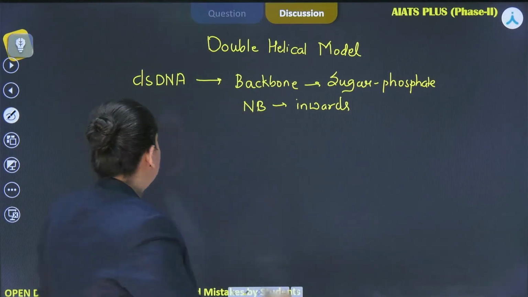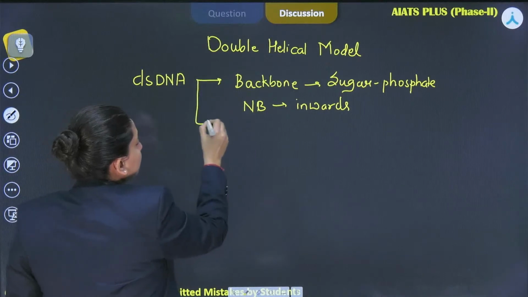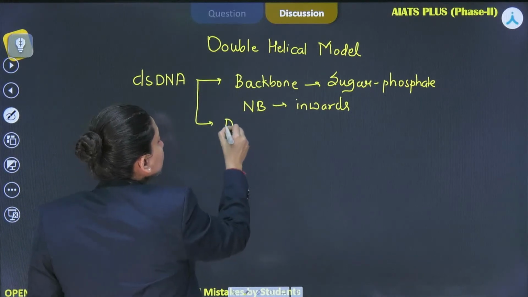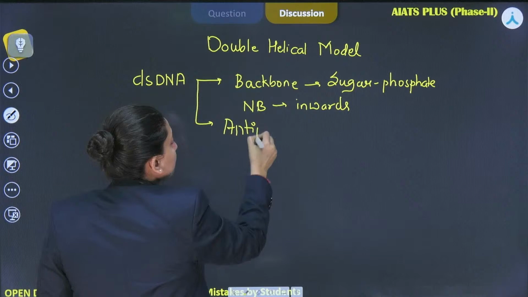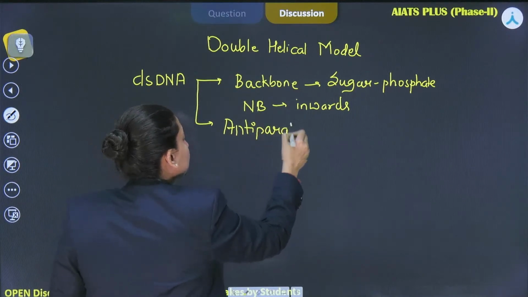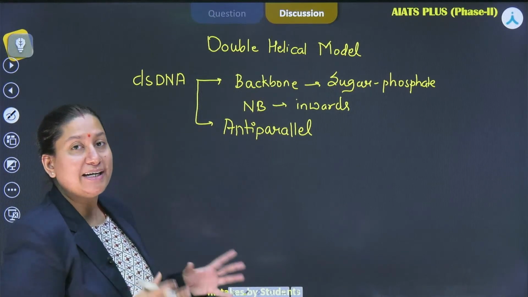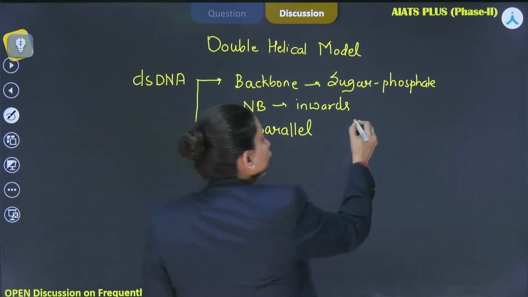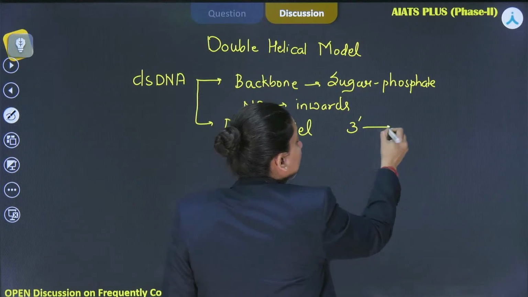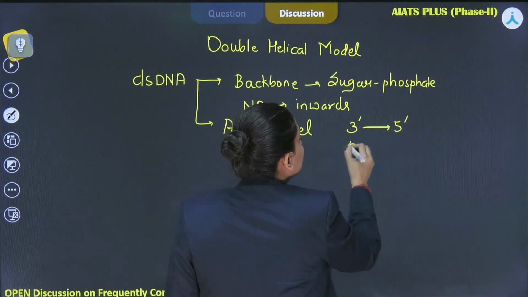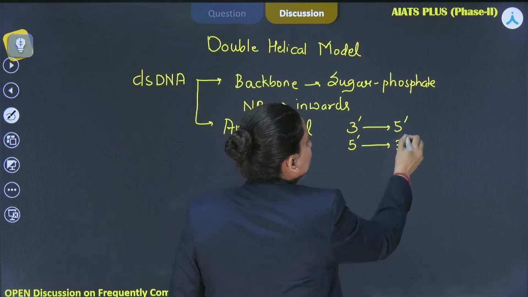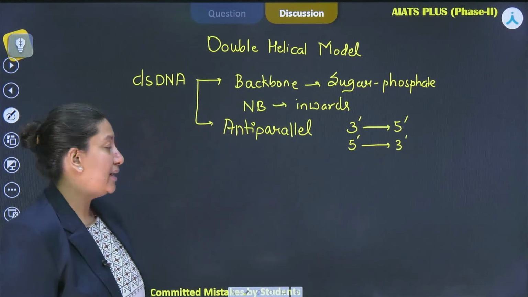Another thing they proposed is that the two strands are going to be anti-parallel to each other, right? That means if one strand has the polarity of 3' to 5', the other one is going to have the polarity of 5' to 3', right?